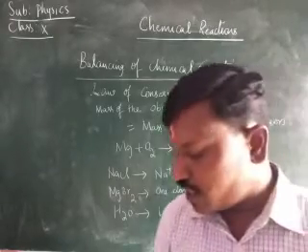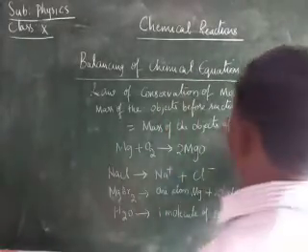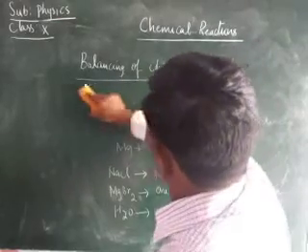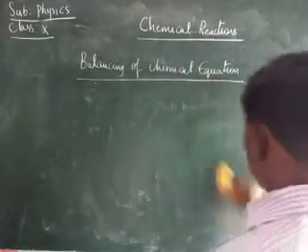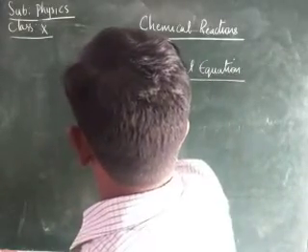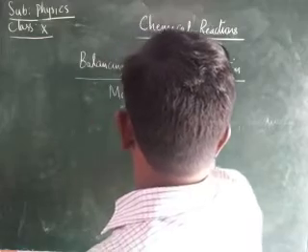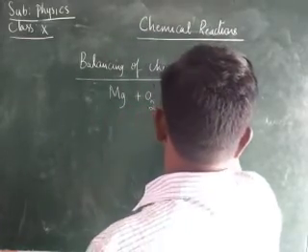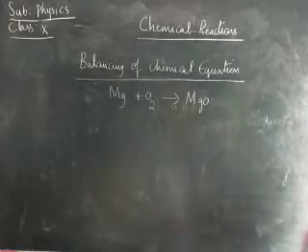Now we see an example of how we balance a chemical reaction. Children, see here I take a simple example, that is Mg plus O2 gives MgO.